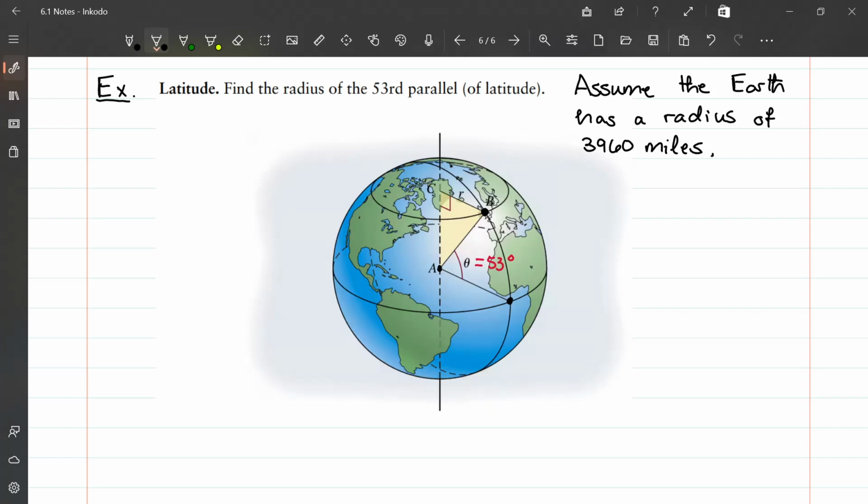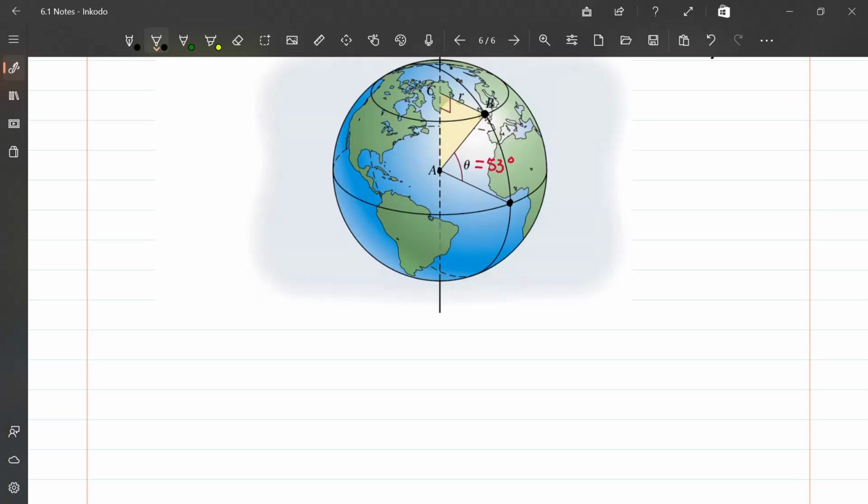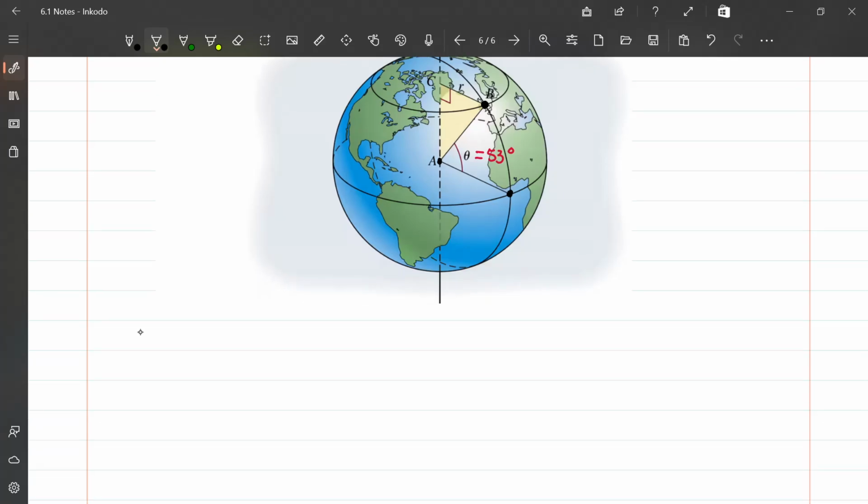But I will go ahead and be honest with you guys. I never use a diagram in 3 dimensions like what's drawn here. I find it difficult to work with. So instead, I turn this into a 2-dimensional version. In my 2-dimensional version, here's A at the center of the Earth. Here's the point on the equator, so I'm just going to write here EQ for equator.